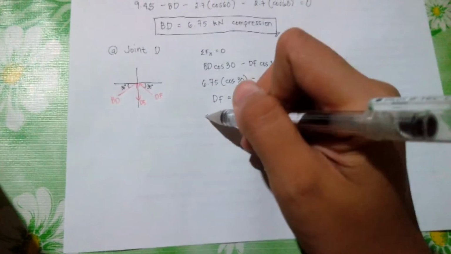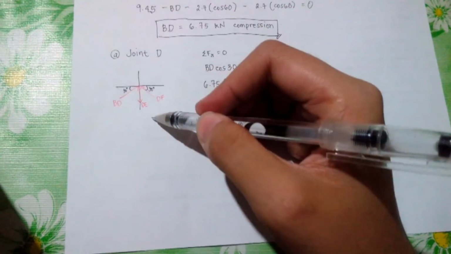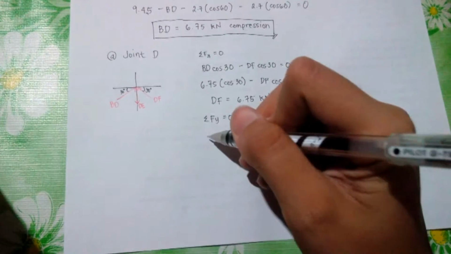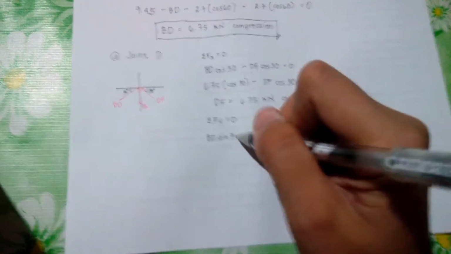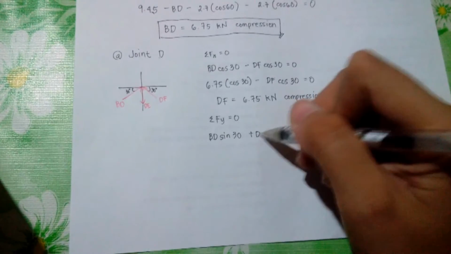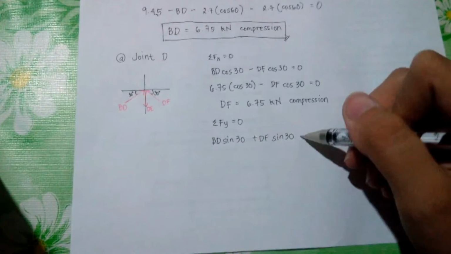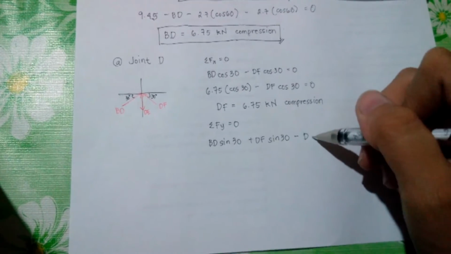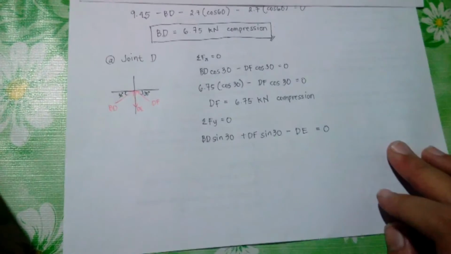So now let's solve for the summation of y to solve for DE. So that's BD sine 30 plus DF sine 30 minus DE is equal to 0.